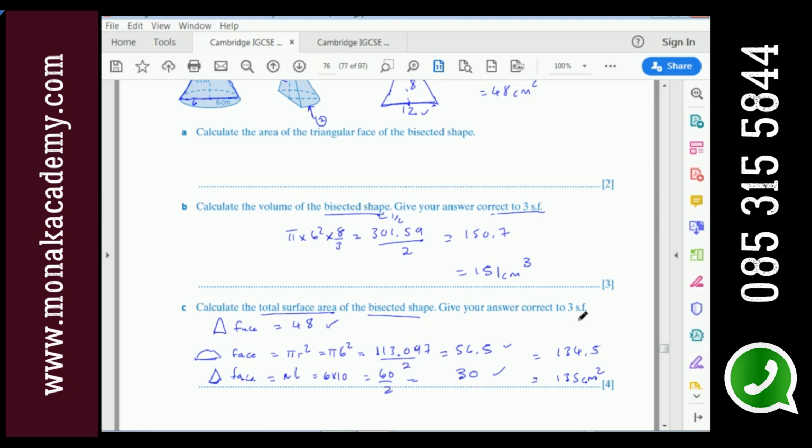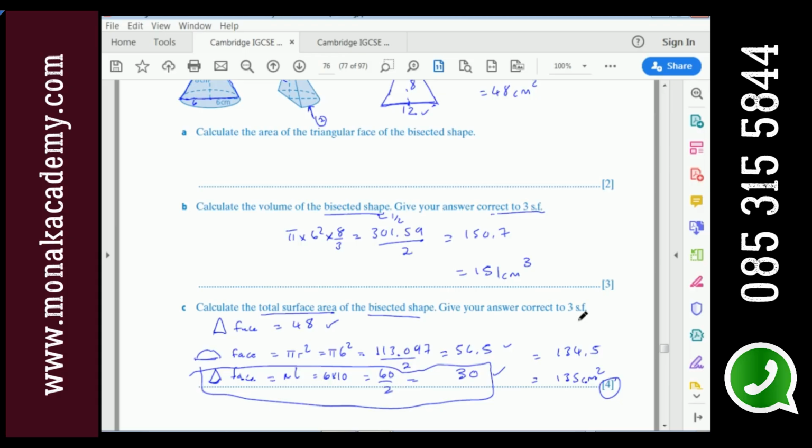One of the clues that I told you guys: ask yourself, am I going to get 4 marks just by saying 6 times 10 divided by 2? Really? The whole 4 marks just for this part? And I actually missed out on that mark.